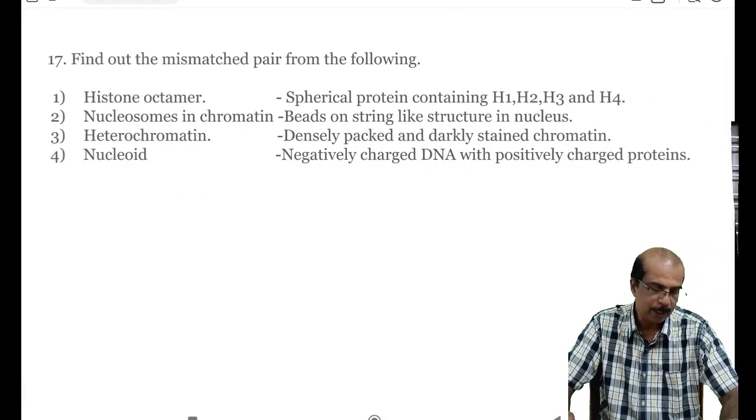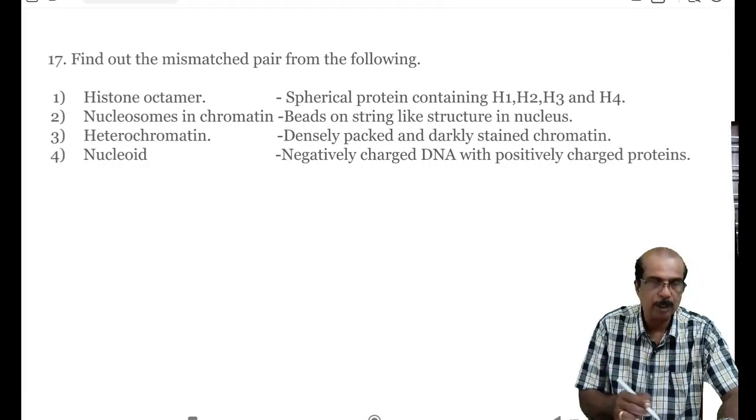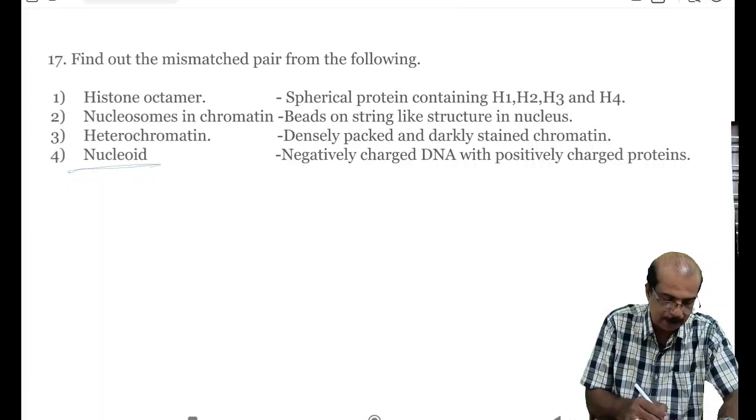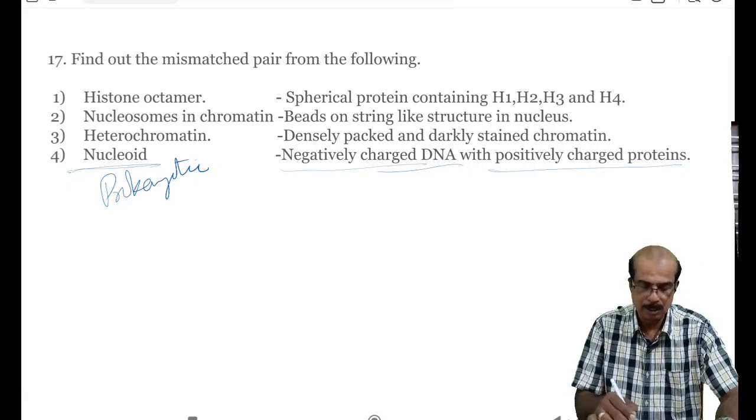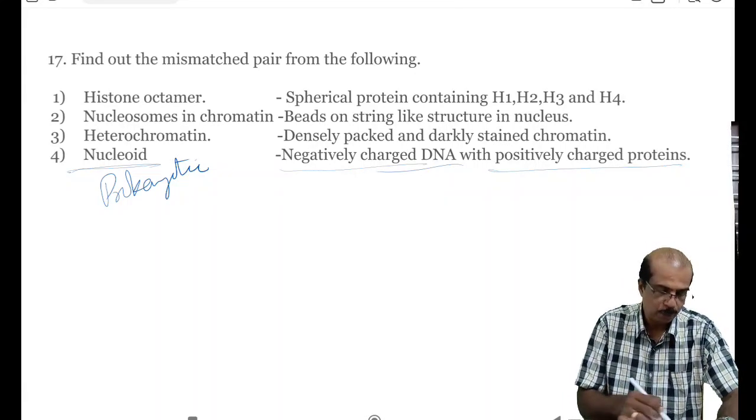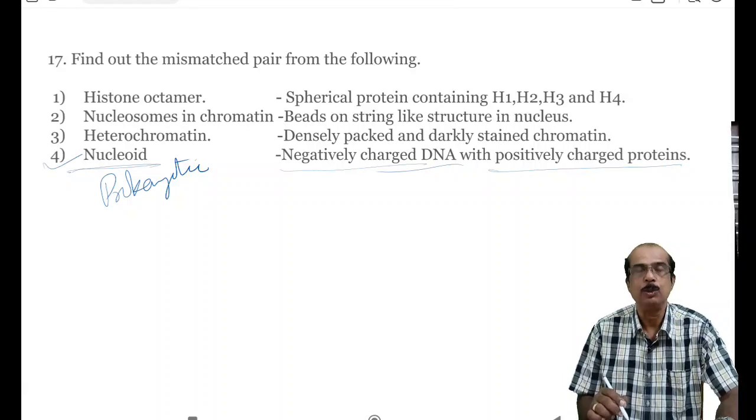Then moving to the next one. Find out the mismatched pair from the following. Let us start from the bottom. What about nucleoid? We know that nucleoid is the nuclear center present in prokaryotic cells such as E. coli. Negatively charged DNA with positively charged proteins. This is the type of association. So the fourth option is the correctly matched one.